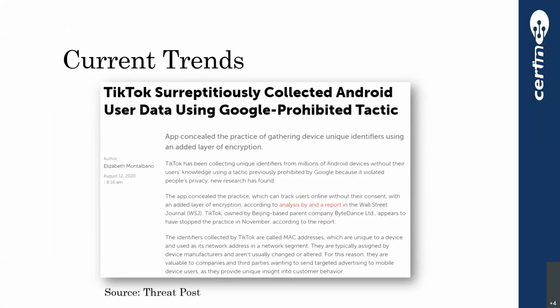Then TikTok was flagged for collecting a lot of user data which it had not declared it was collecting, and all this data was used for user profiling and for serving targeted applications. So TikTok was also one of the applications which was banned by the government.